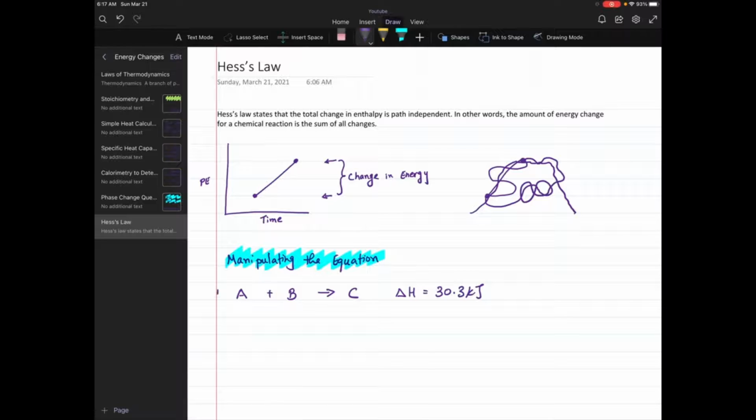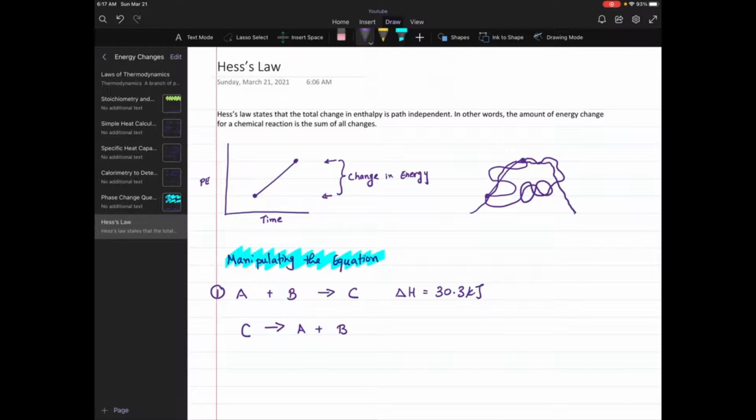This is equation 1. We can manipulate this equation by flipping it. When we flip the equation, C becomes A plus B. This is a flip because before it was a synthesis reaction, and now I have made it into a decomposition reaction. The reactants are now in the place of the products, and the products are in the place of the reactants. So I have flipped the equation.